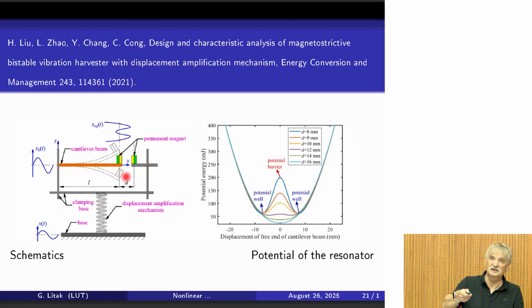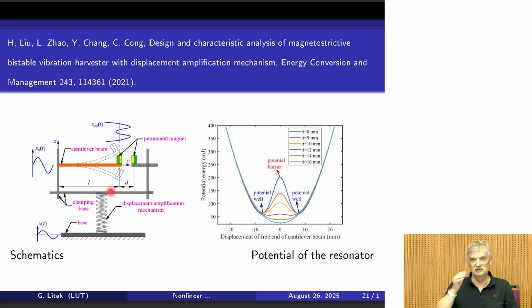Originally we have this part, and we extend it by the spring, and this was checked, but it is also working only in some range of a frequency band. It is an efficient mechanism in some range.